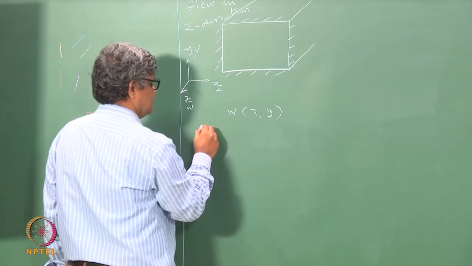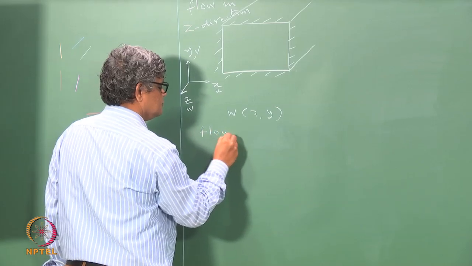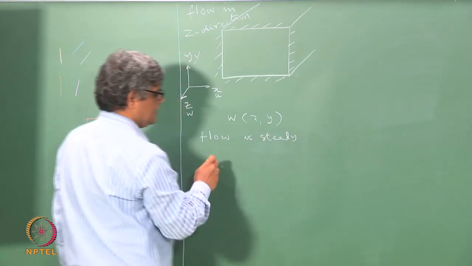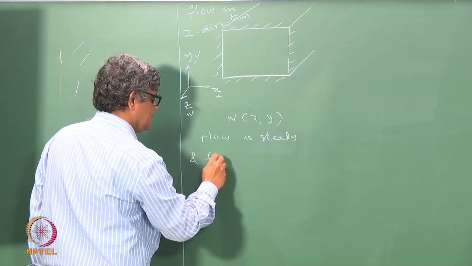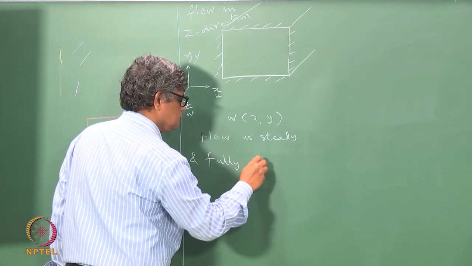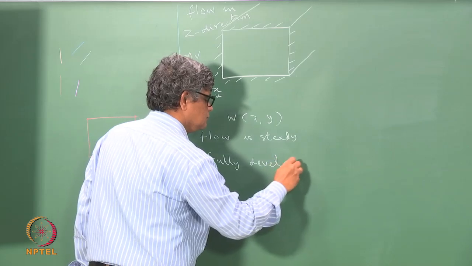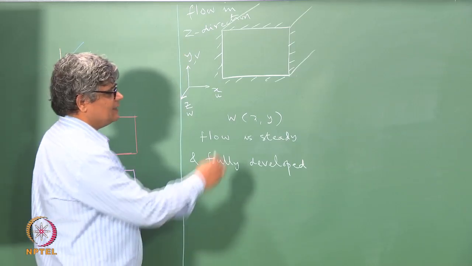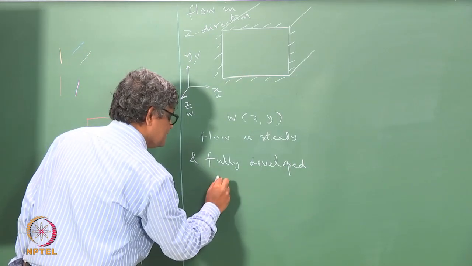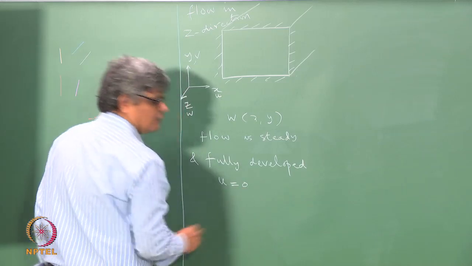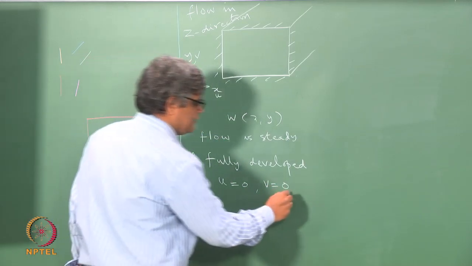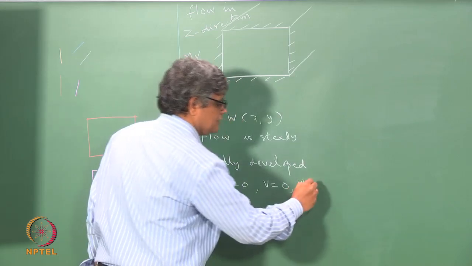Given the flow is steady and fully developed, so when we say fully developed, steady, laminar in this kind of thing, in this flow, we can say that the velocity component u is 0 everywhere and the velocity component v is 0 everywhere, and only w component is non-zero.